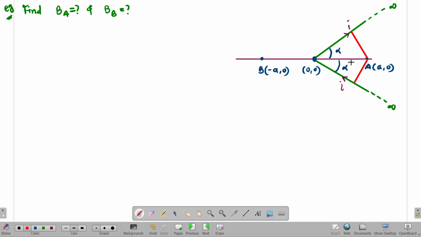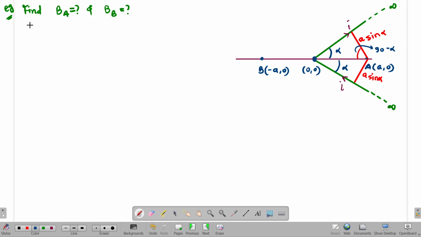I can write now, A sine alpha. This is all A sine alpha, isn't it? Then one angle will be 90, another angle will be 90 minus alpha. Got it?